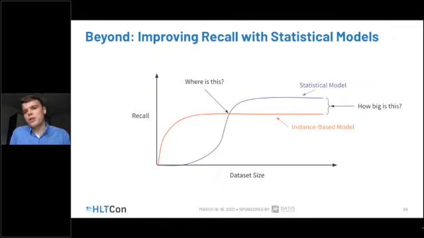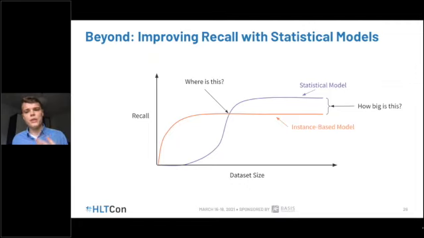However, there's a couple of open questions surrounding this, such as where exactly that point is where a statistical model would start outperforming our instance-based model. Because certainly at the beginning, the instance-based model does much better because it doesn't require very much data at all to start giving you reasonable predictions.